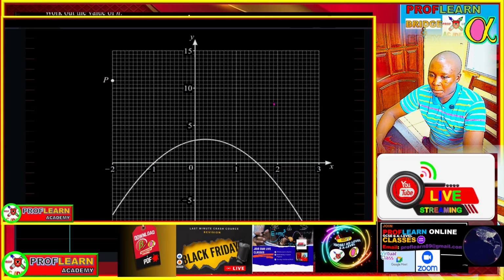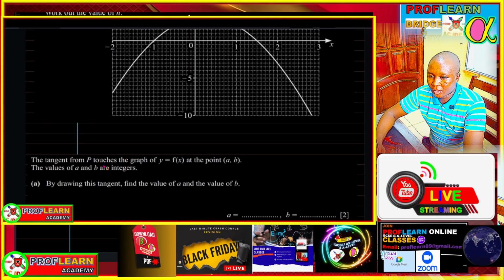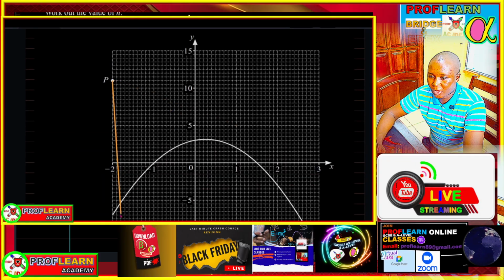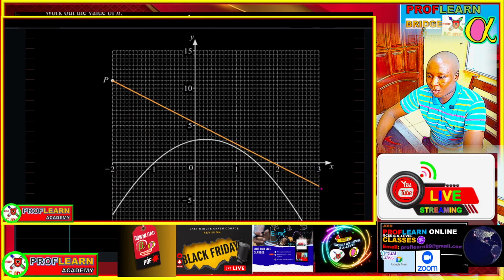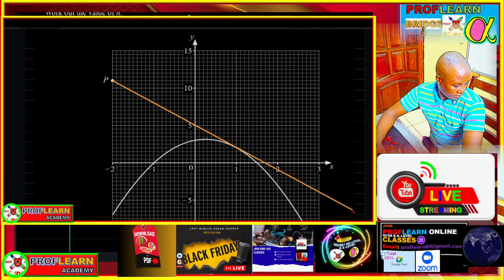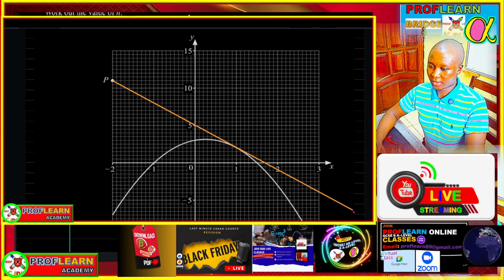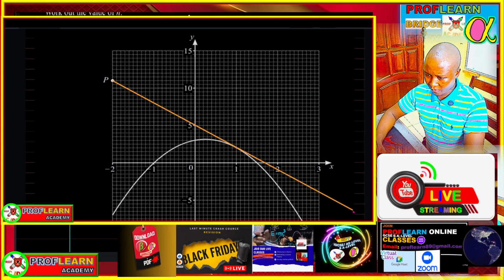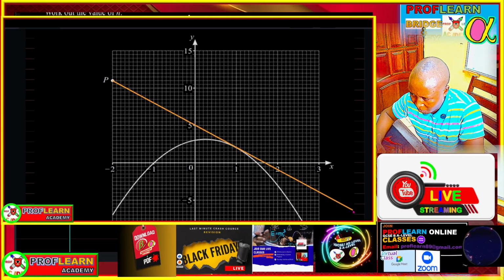You can see P up there. And then we can draw a tangent carefully. You can see that the tangent is touching our curve at some specific point here.